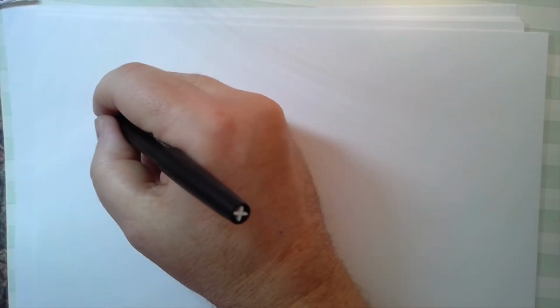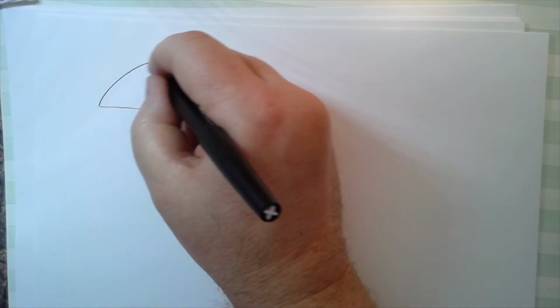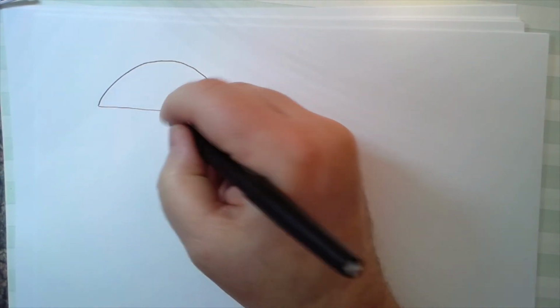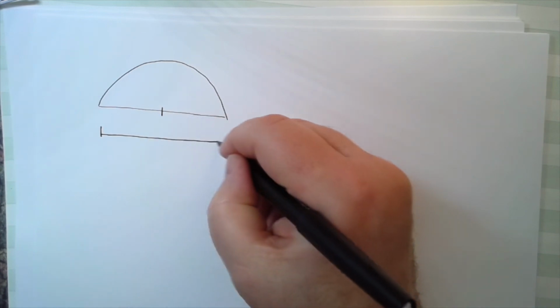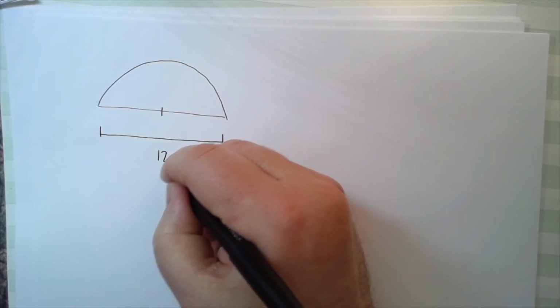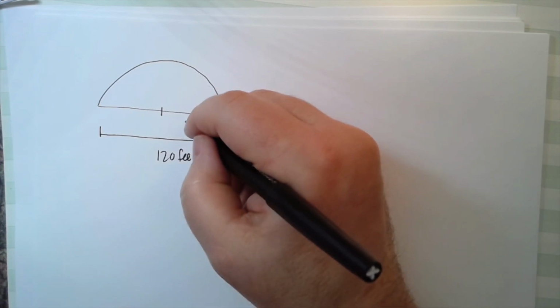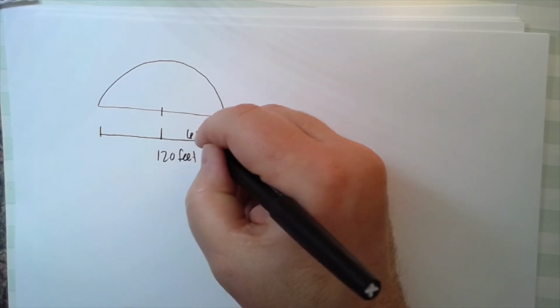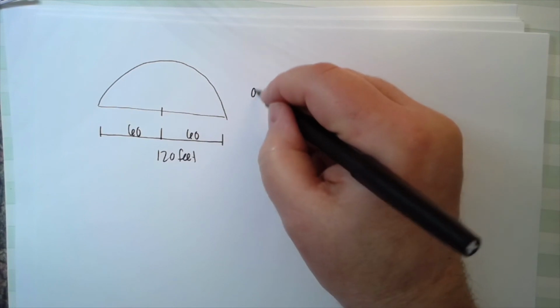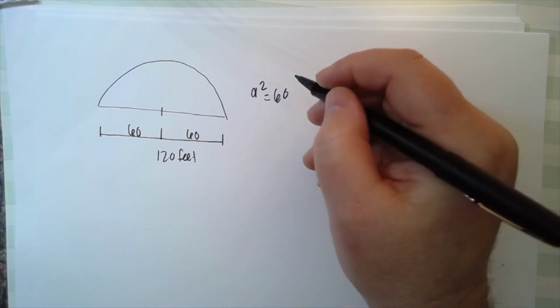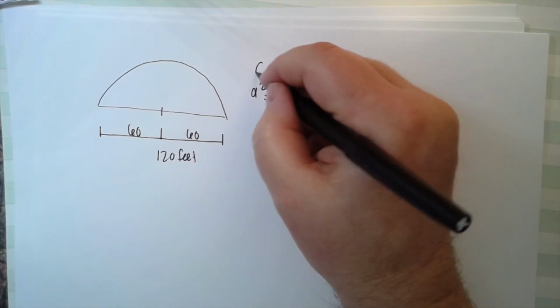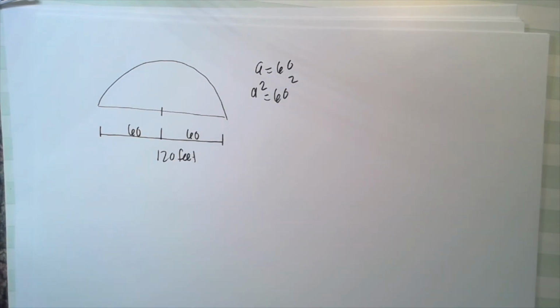All right, so we have a whispering gallery, then ellipse. The span of this thing is 120 feet. And so that would make 60 and 60. So A is 60. Right?